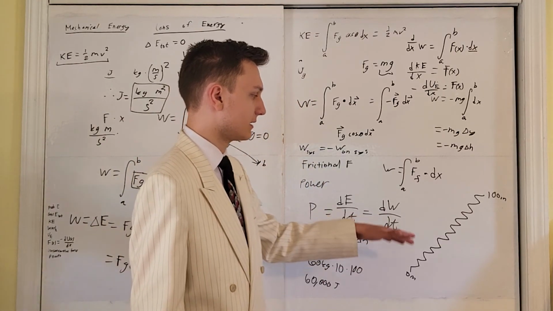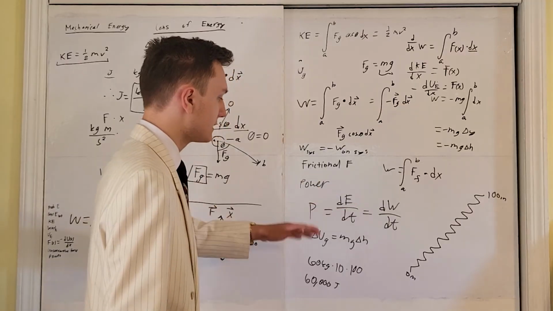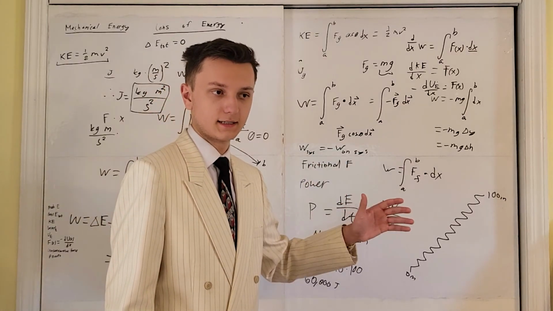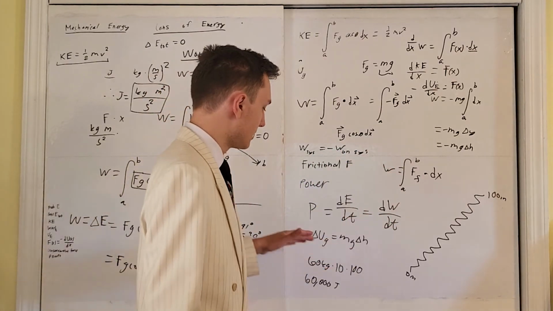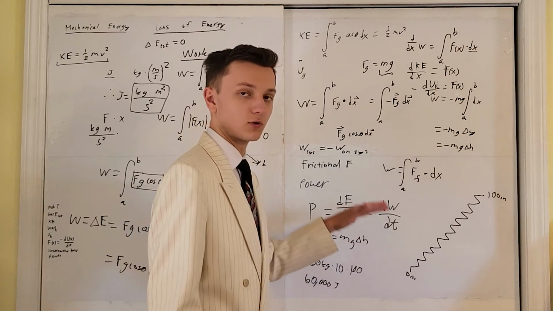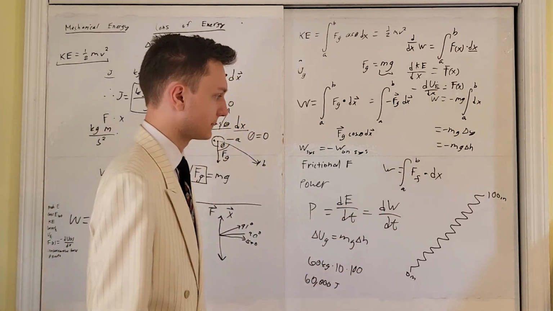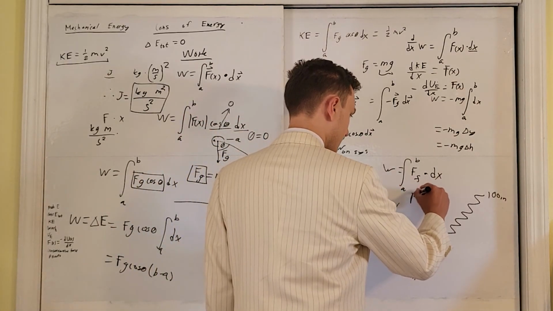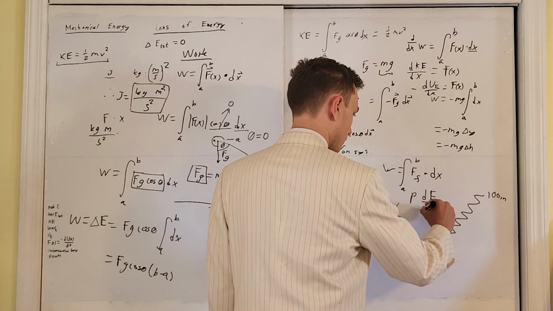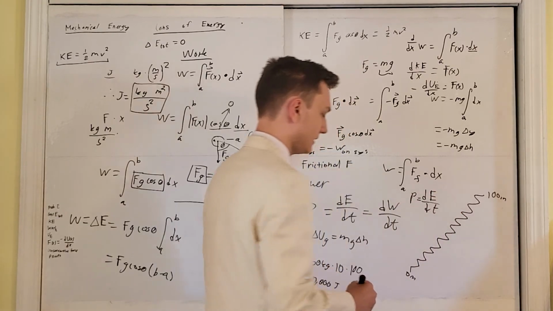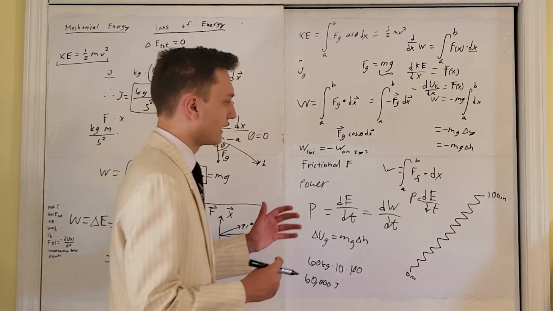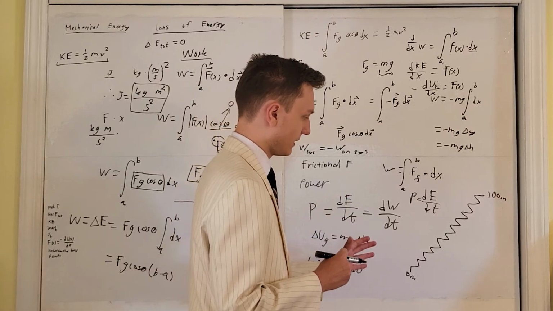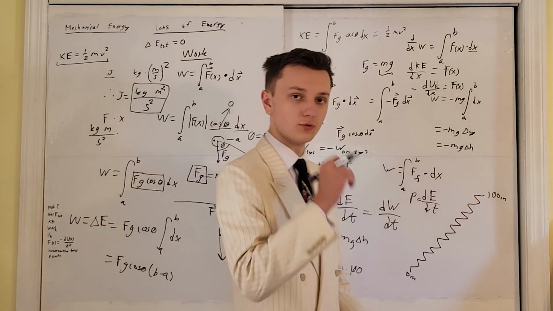The speed at which I rise up the stairs does not affect the total energy or the total work done on the system. Okay? Power, the derivative of energy with respect to time, the rate of change of energy in time, is the thing that is varied by how long it takes me to do that.